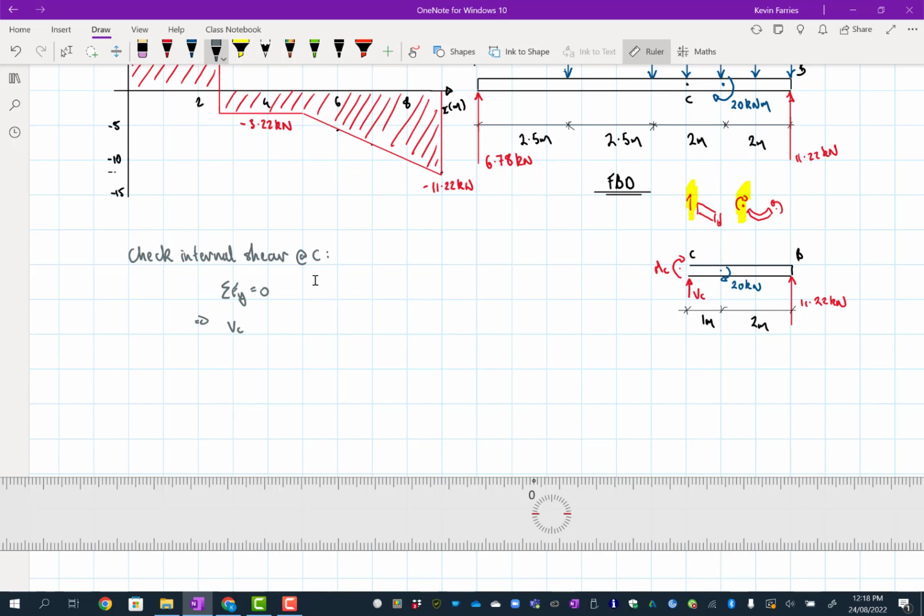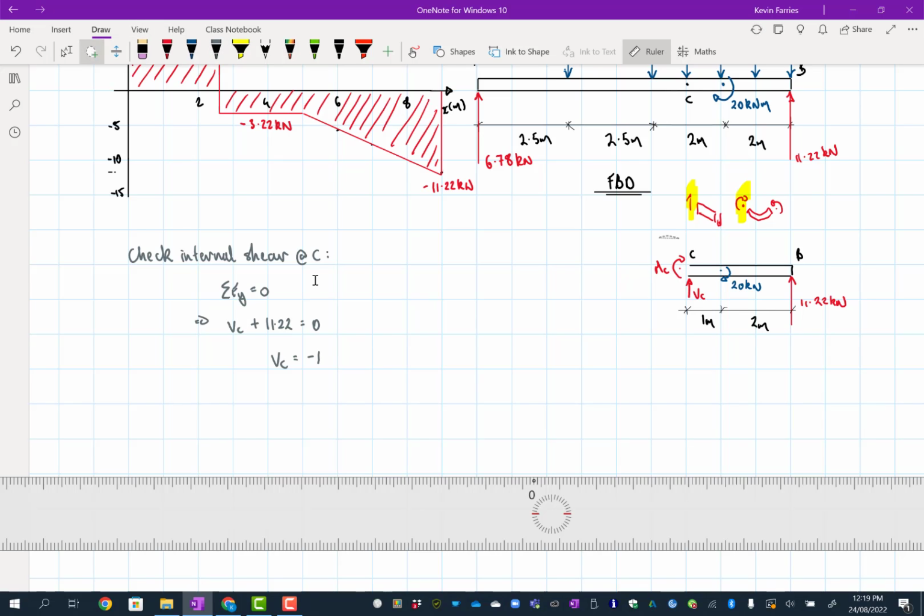No force associated with the couple or the pure moment. And then we've also got plus 11.22 kilonewton reaction there. It's all going to add up to 0. Therefore, VC must be equal to minus 11. Oh.